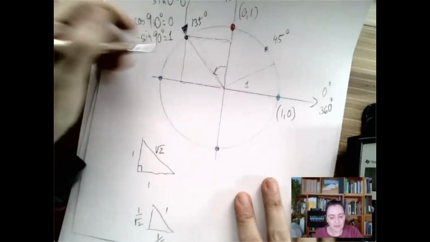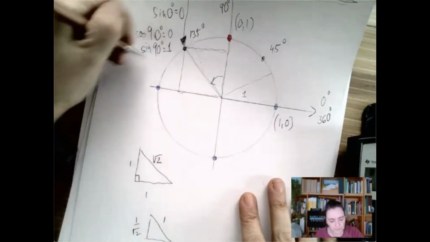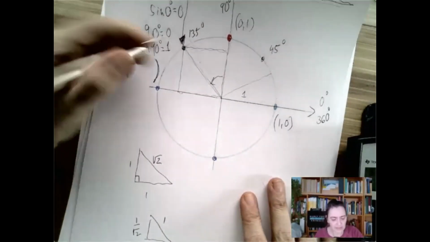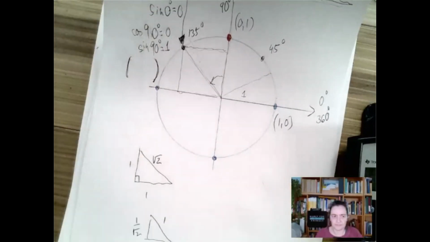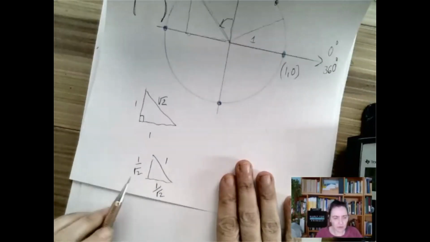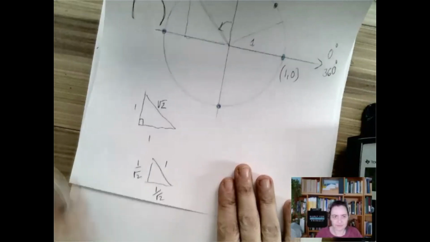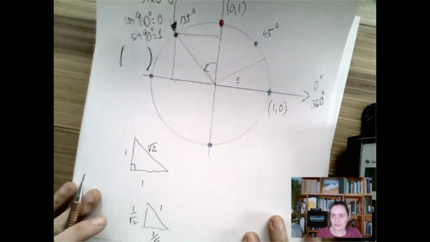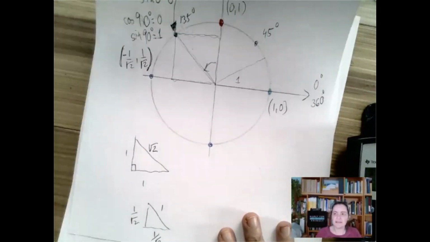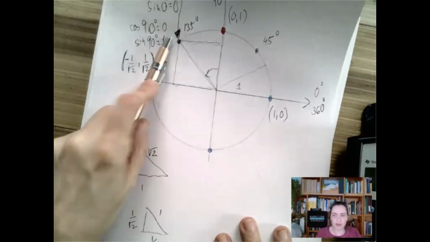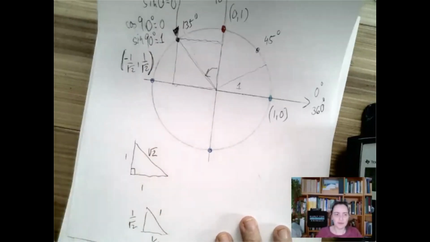What are the two coordinates of this point? What's the x coordinate? The sides are 1 over root 2 and 1 over root 2. You don't have to worry about longer, shorter. We're going to the left and up. So the cosine is negative, the sine is positive.